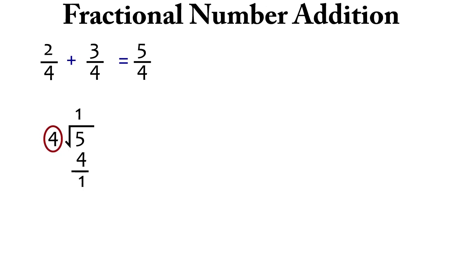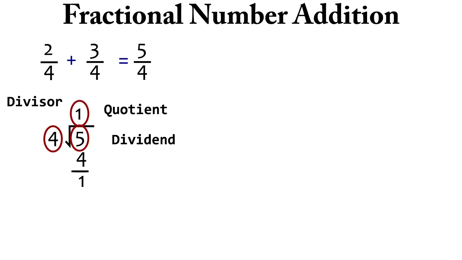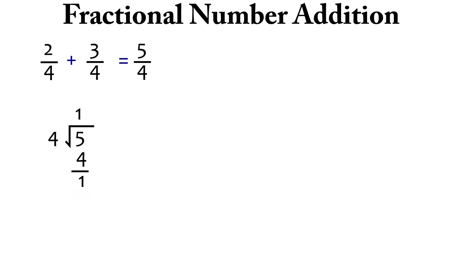Here, this is called the divisor, this is called the dividend, this is called the quotient, and this is called the remainder. Now you have to find the equivalent mixed number. Rotate this division by 90 degrees.